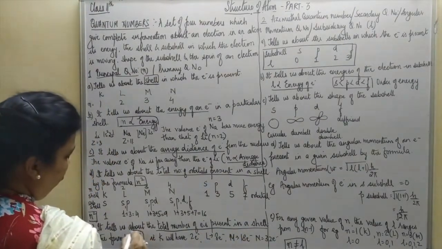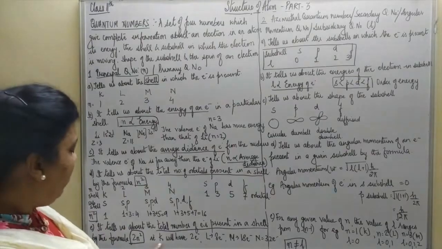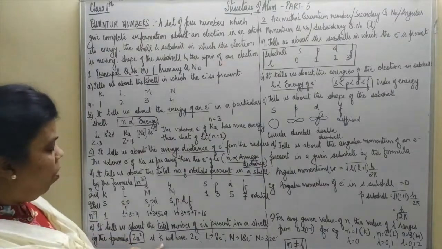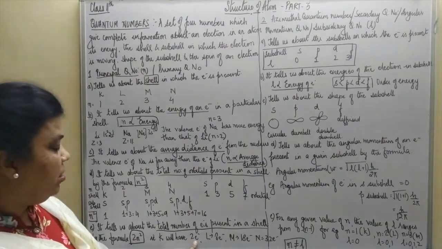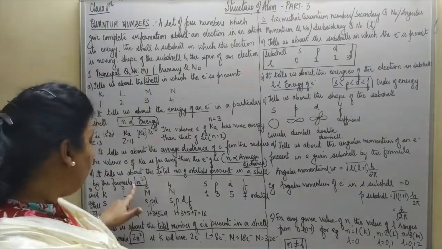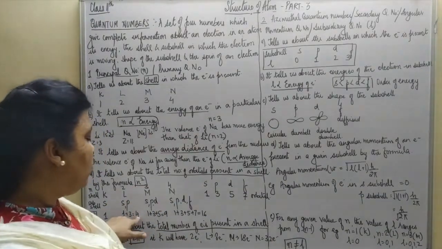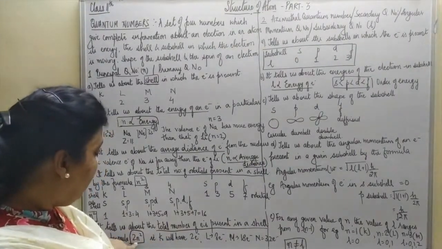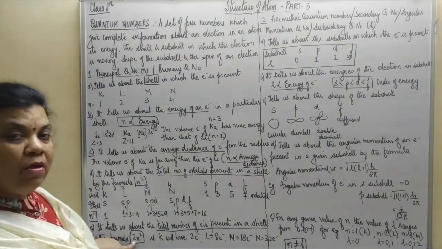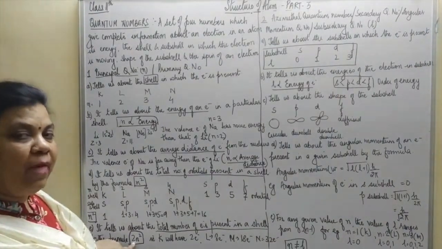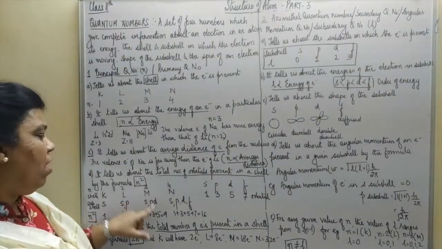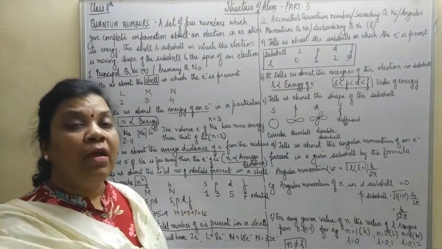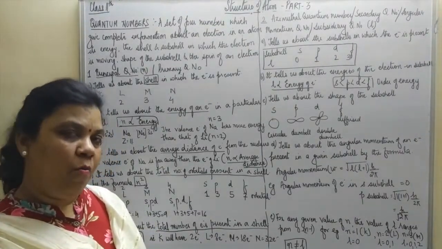For example, for K the number of orbitals is 1, so altogether 2 electrons will be accommodated. For L shell, n square, the number of orbitals is 4, so altogether 8 electrons will be accommodated. That means you have to multiply the number of orbitals by 2, because each orbital can accommodate a maximum of 2 electrons. For M shell, 18 electrons can be accommodated. For N shell, 16 twos are 32 electrons can be accommodated.